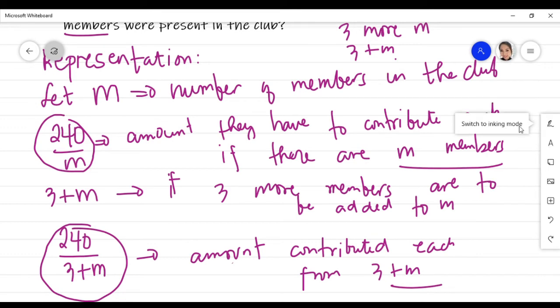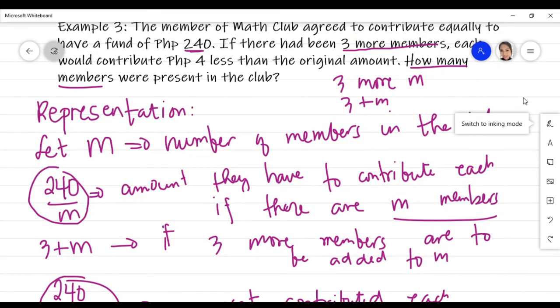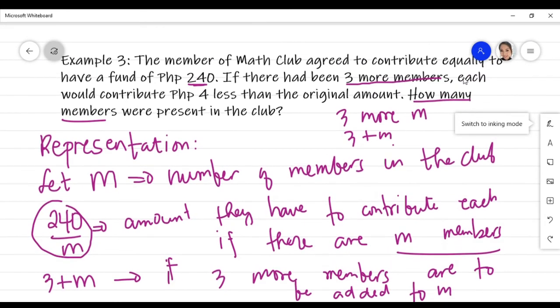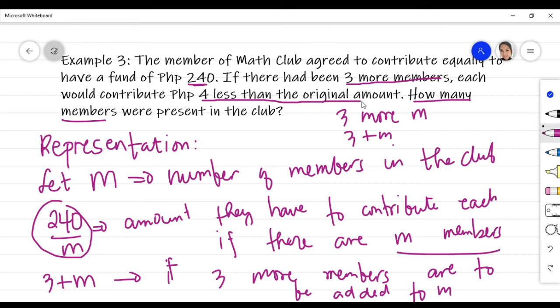Now, let's go back to the problem. If there had been three more members in the club, so that is 3 plus m, each would contribute 4 less than the original amount. What was their original amount contributed? The original amount to be contributed was 240 over m, right?